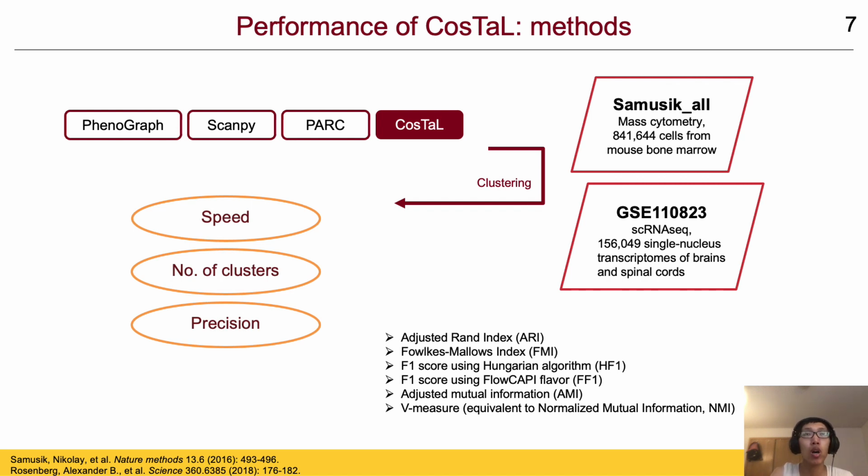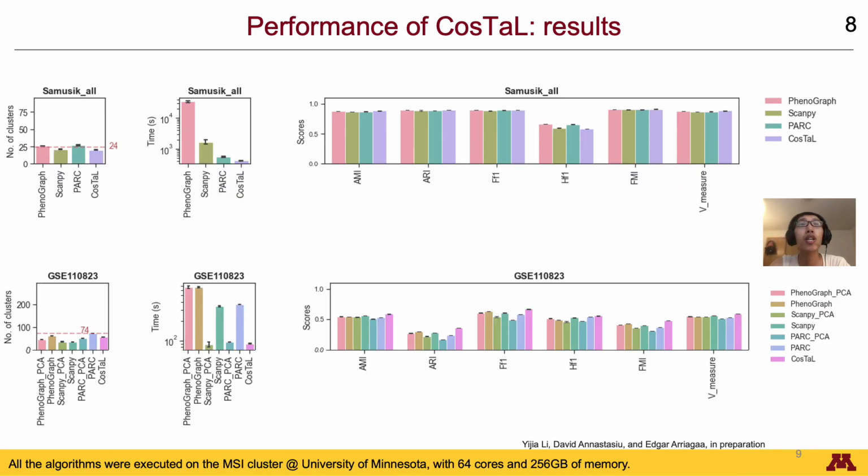For the results, we focus on the computing speed, the number of clusters generated, as well as the precision compared with the manually gated labels. And in order to be comprehensive, we use six different metrics for evaluating the precision. Here are the results. The upper ones are for the mass spectrometry dataset, and the lower ones are for the single-cell RNA-seq datasets.